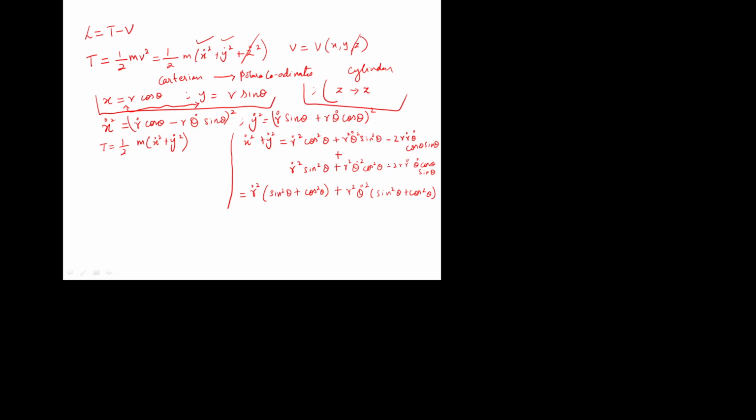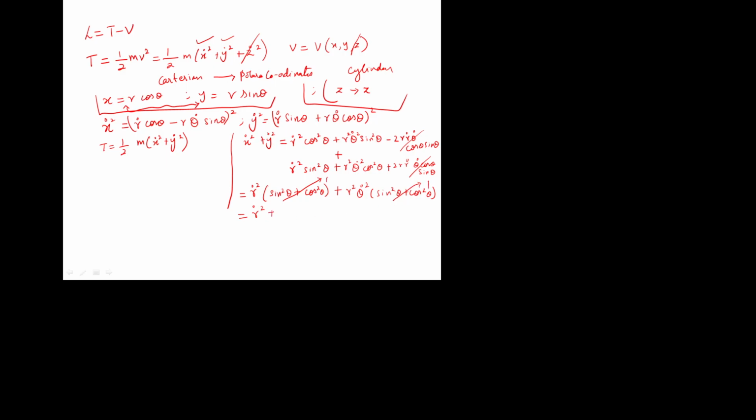I wrote minus mistakenly; it should be plus, because we have (a plus b) whole squared here, so the cross terms cancel. Sin squared theta plus cos squared theta equals 1, so this term becomes 1 and the other term also becomes 1.